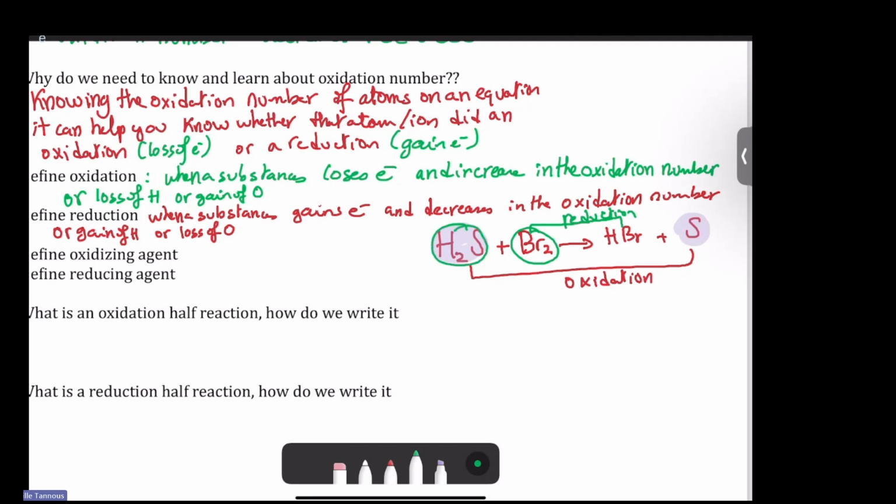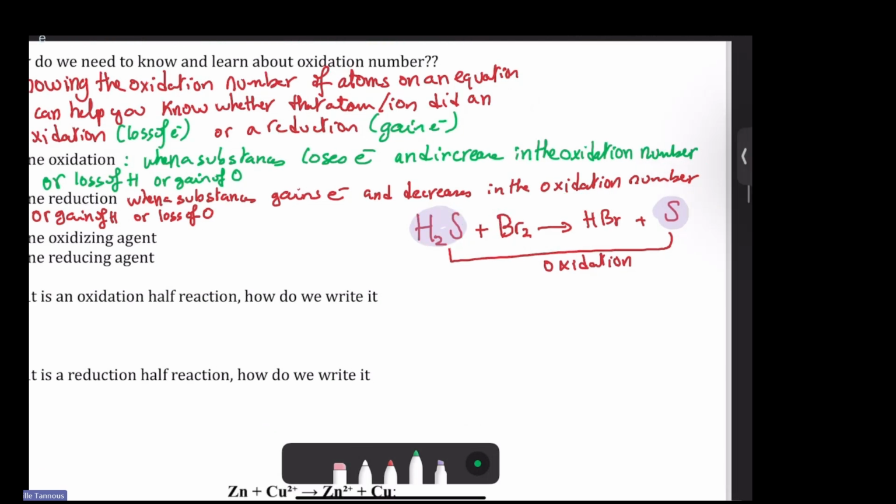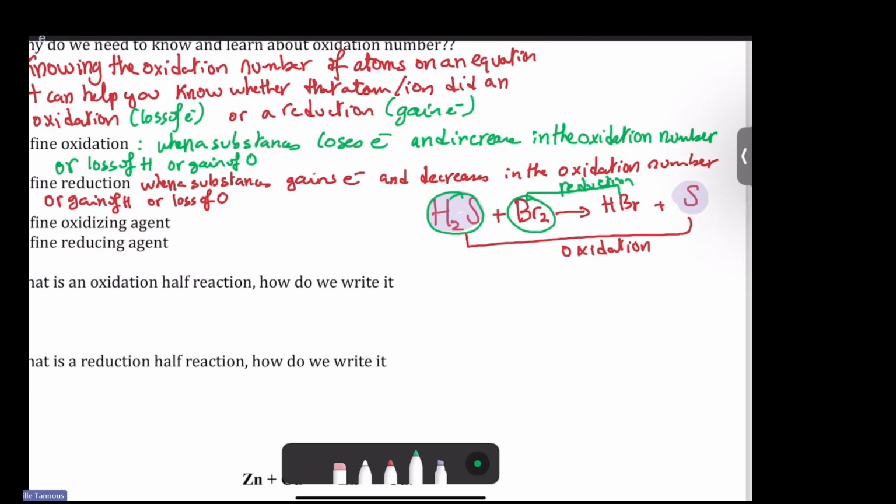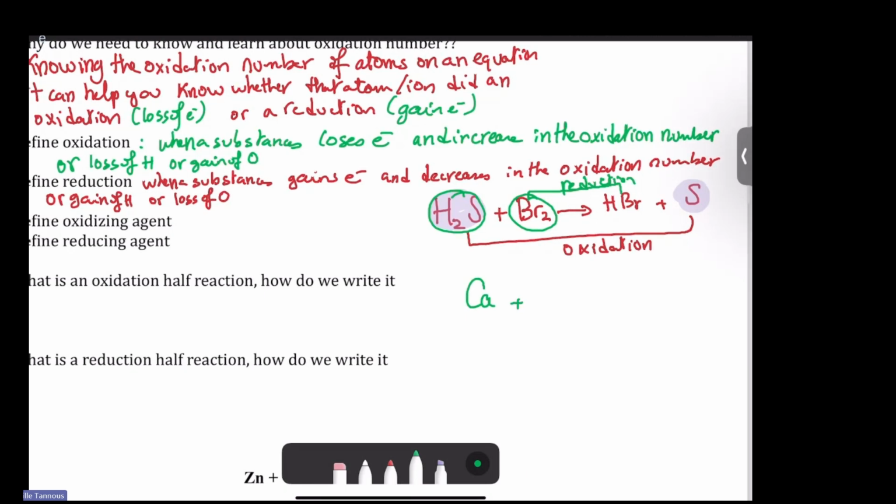Another example to show loss and gain of oxygen. So if I have calcium plus zinc oxide, now I'll get calcium oxide plus zinc. So look at this one.